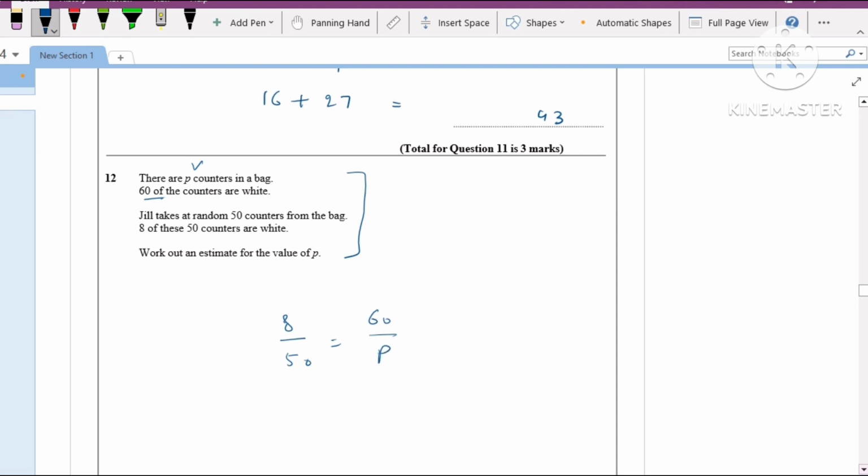So you have to find the value for P. Just cross multiply here. 8 times P is equal to 60 times 50. So that will be 8P is equal to 3000.